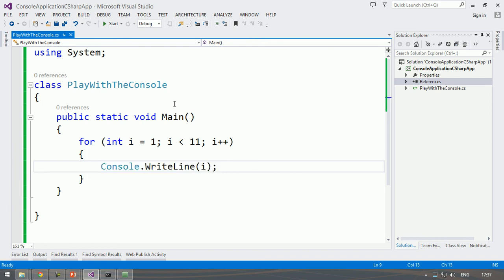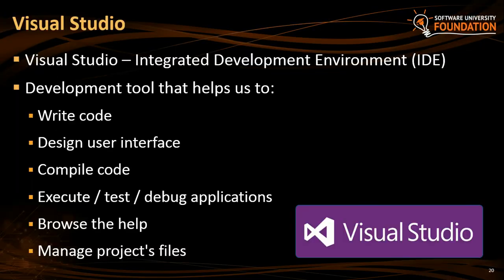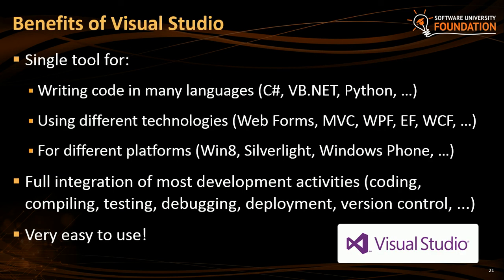So Visual Studio, as an IDE, an integrated development environment, allows you not only to compile and run programs, but also to step through the code and debug your programs with the debugger. Okay? You can browse the help, you can design user interfaces. I will show this in some other course, etc. It's a single tool for many languages.